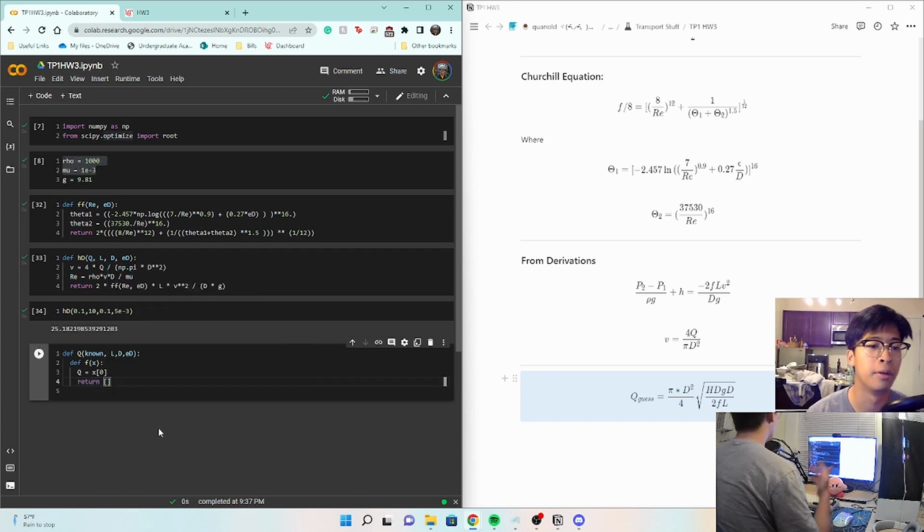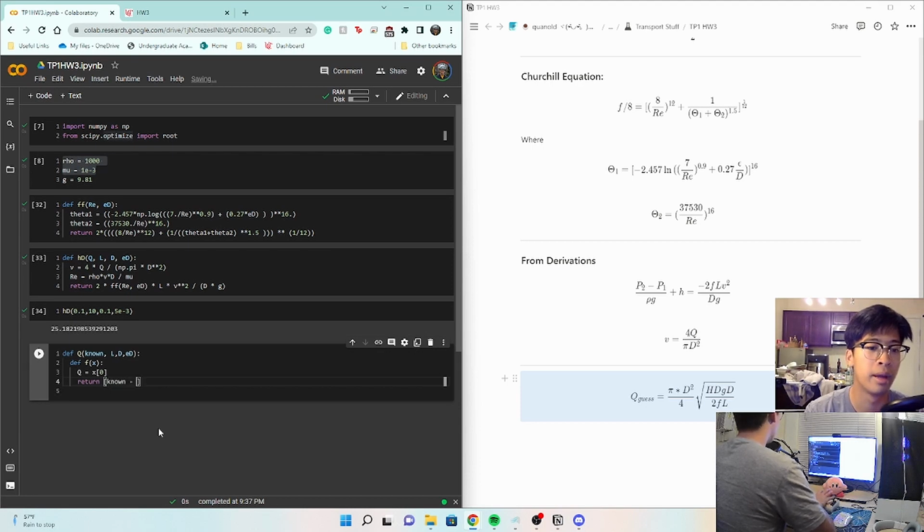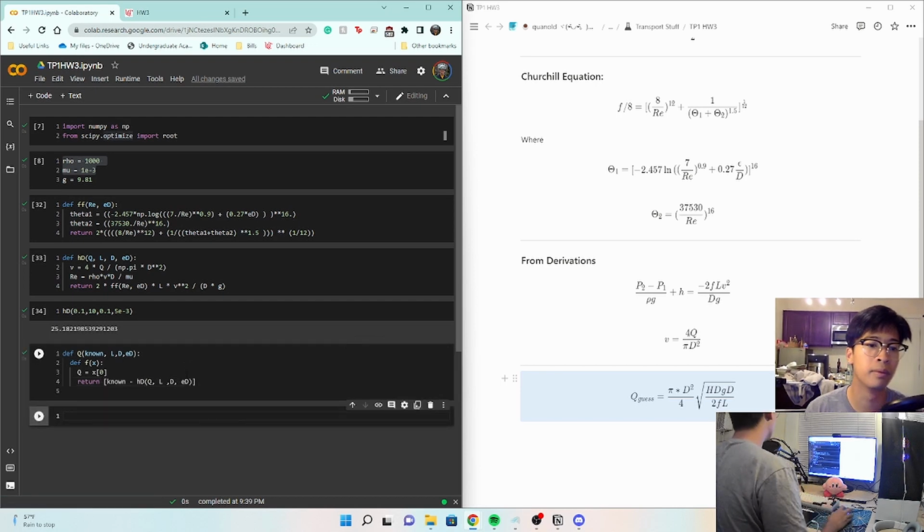This often is used in systems of equations, and we want to return an expression that we want to make 0. In other words, the difference between our known and the iteratively solved head drop. Let's do that, head drop for the independent variable. All good. Okay.